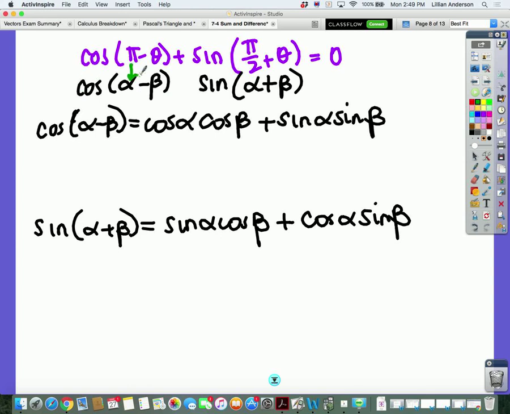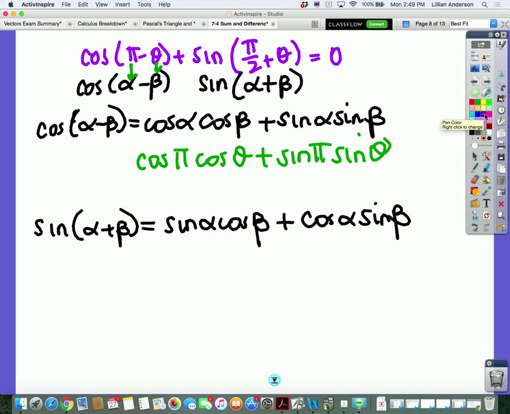Alpha is now going to be pi, and beta is now going to be theta. So when you plug it into the identity, it becomes cosine pi cosine theta plus sine pi sine theta. Did everyone get that? Yes.